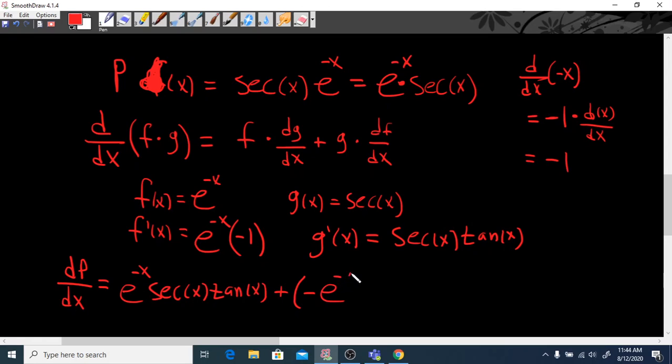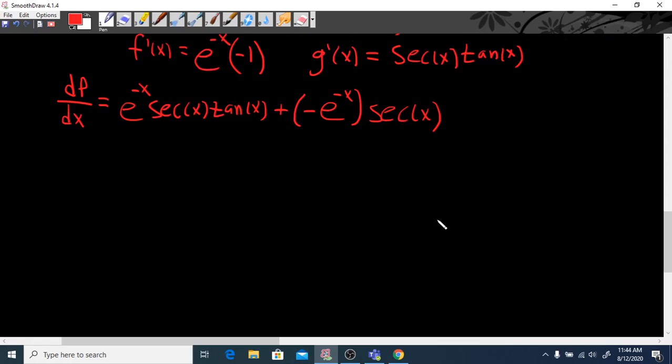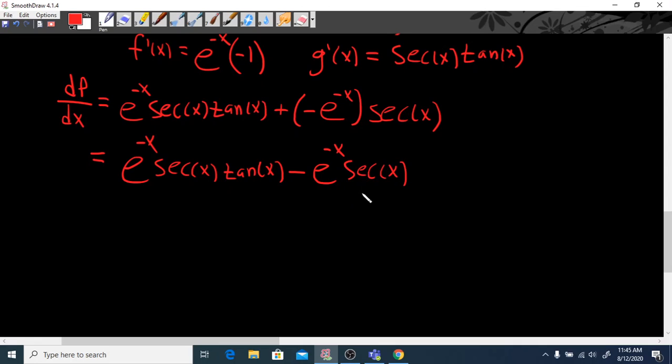So negative e to the negative x, and then g with no derivative, so secant. Okay. Well, let's see, right? This is going to be e to the negative x secant tangent, and then plus with a negative, so this is going to be a minus, e to the negative x secant x. Okay? So this is the derivative of the product.